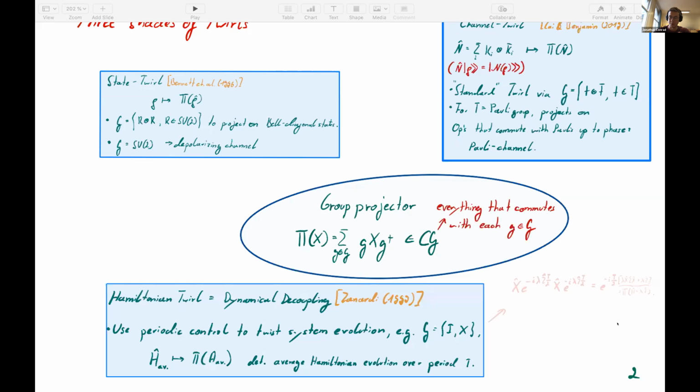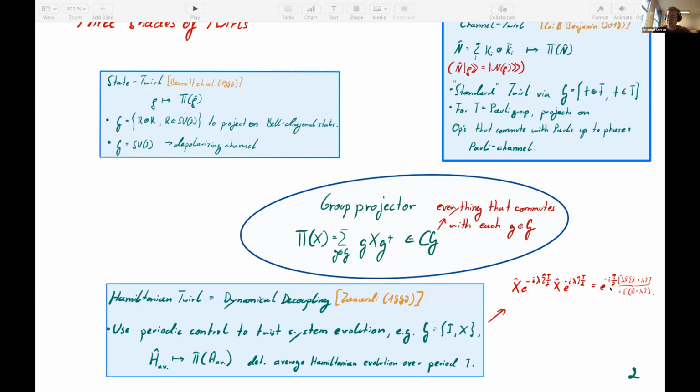And finally, the third important notion of a twirl is what I call a Hamiltonian twirl, where we twirl a Hamiltonian. This is done by a technique known as dynamical decoupling, and I think it is most easily outlined in this example. Here I have some Hamiltonian, seen as a unitary evolution, where I have some Z rotations that I want to get rid of. The trick is to interleave this Hamiltonian evolution in a smart way with some X pulses.